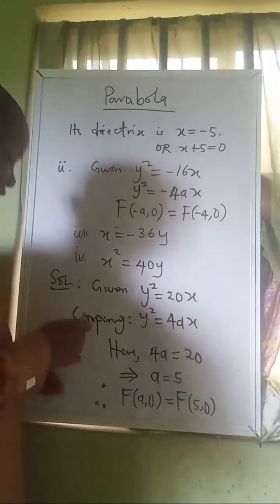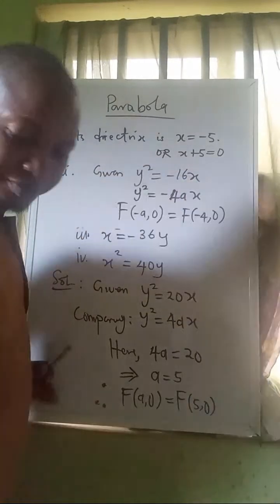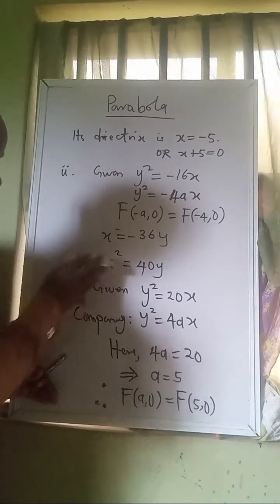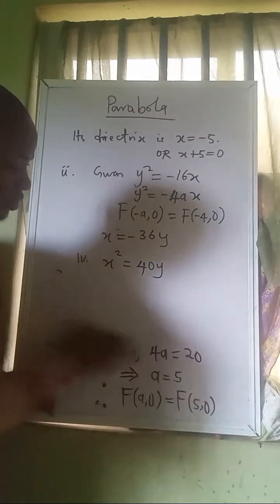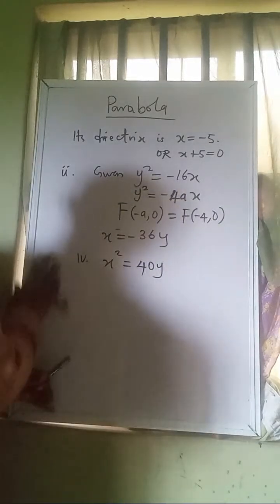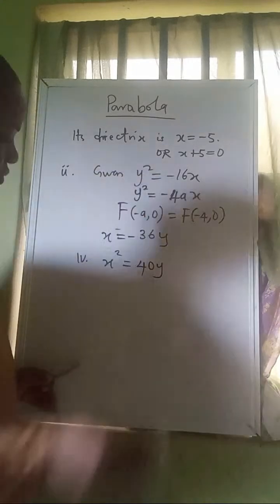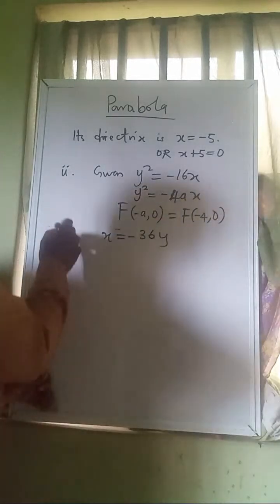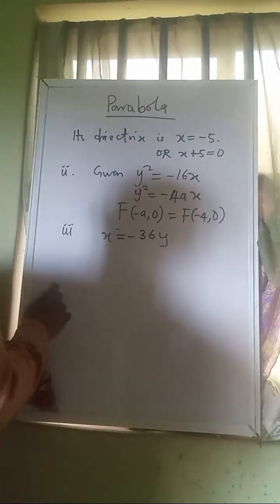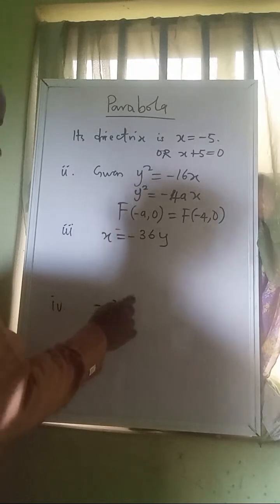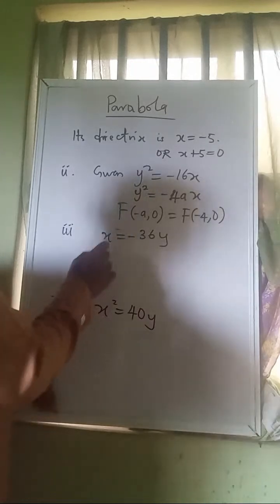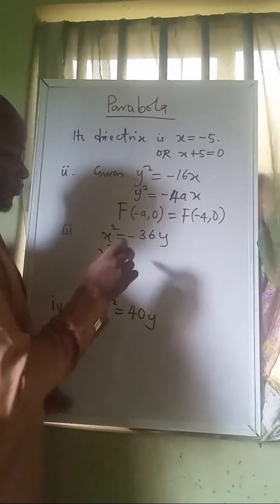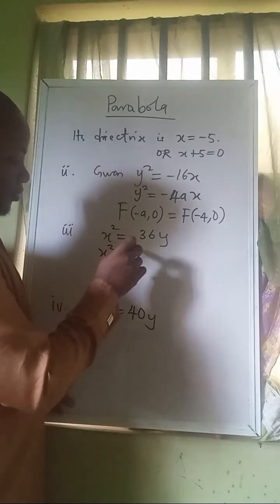So let's quickly see number 3. Number 3 is given by this, and this is number 4. So let's see this. Let me transfer this one down. Again, we can compare this equation with negative 4by.